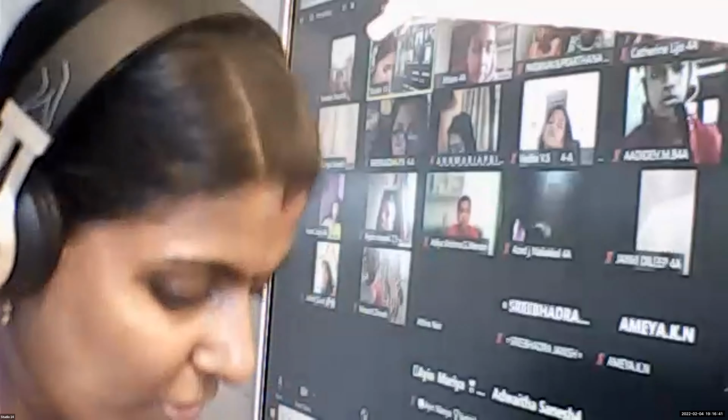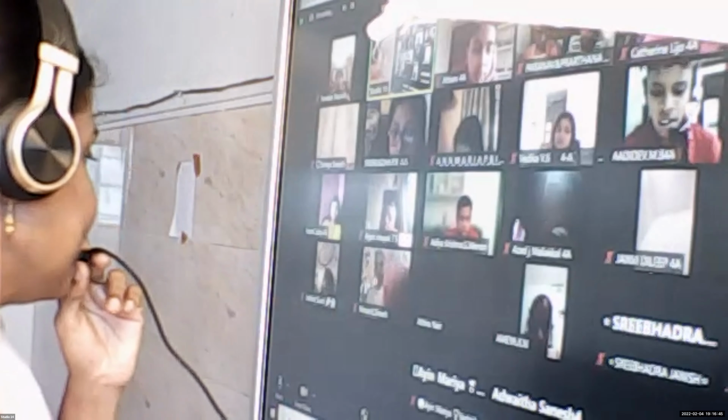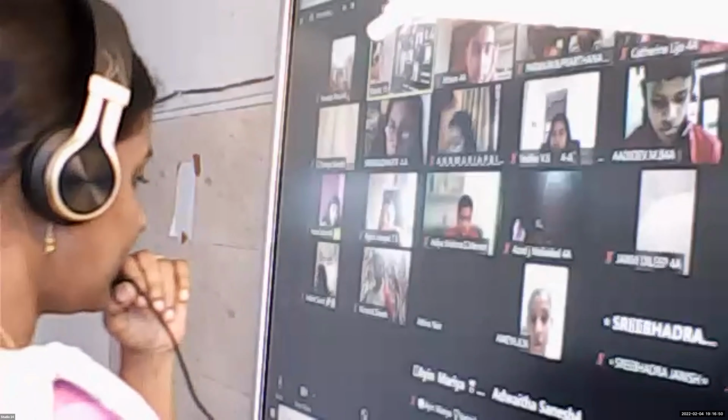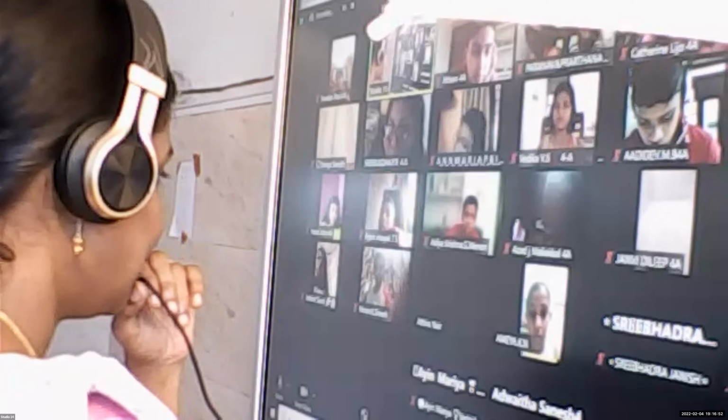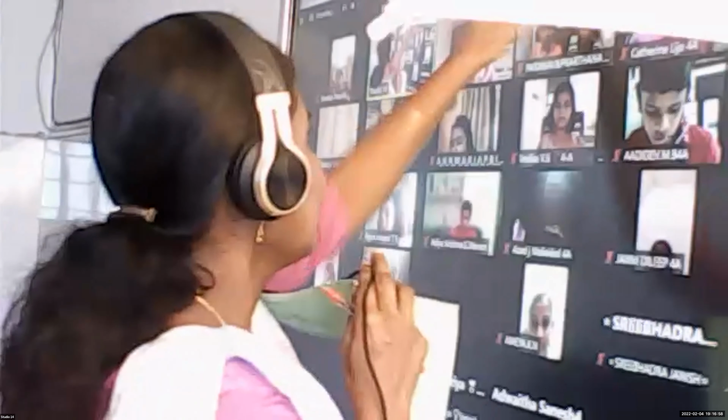So what is meant by food storage, Ameya? The storage of food. For what do we store the food? To use it later. Okay. Then Arjun, Vinayak, what is meant by preservatives?